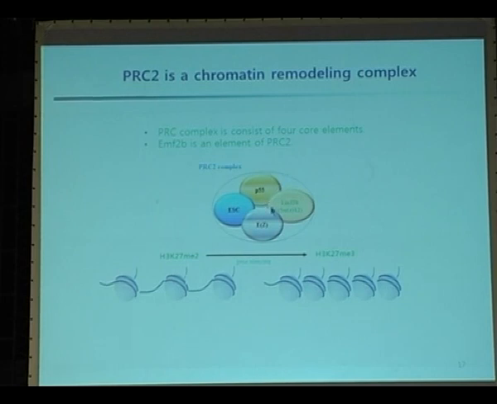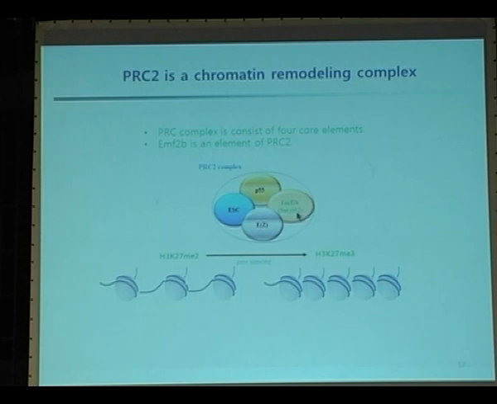Actually, there are several kinds of chromatin remodeling complexes, and one of the well-studied ones is called the Polycomb group 2 complex, which consists of 4 core proteins, as you can see: P55, ESC, E(Z), and SUZ12.